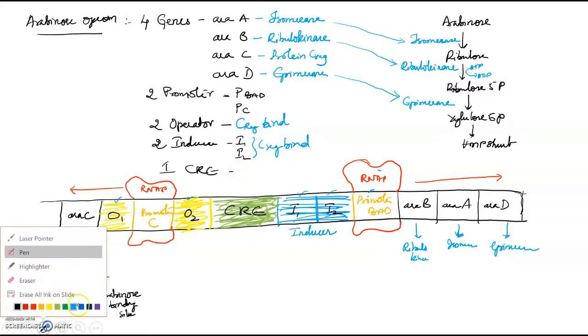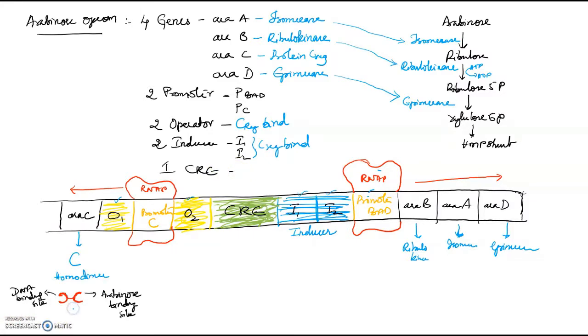We have seen in the lac operon, the same thing, CRE site, catabolite response element. Who will bind to this CRE? Yes, our CAP or catabolite activator protein along with cyclic AMP will bind.